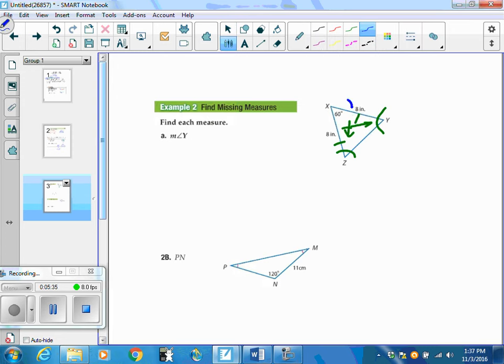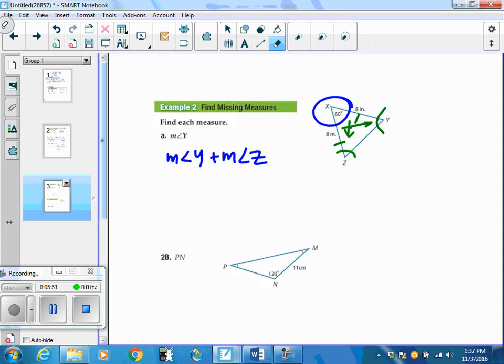I know that I have one angle that's 60 degrees. So I know that the measure of angle y plus the measure of angle z plus 60 equals 180.